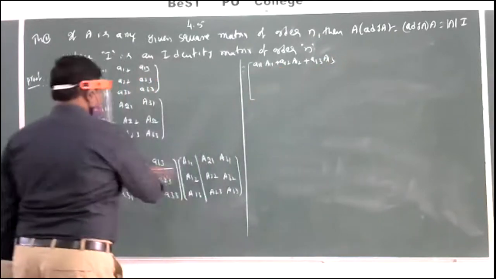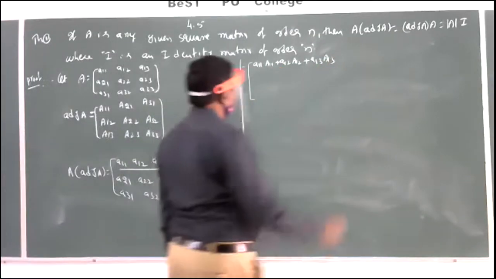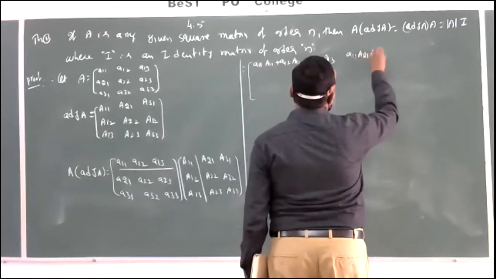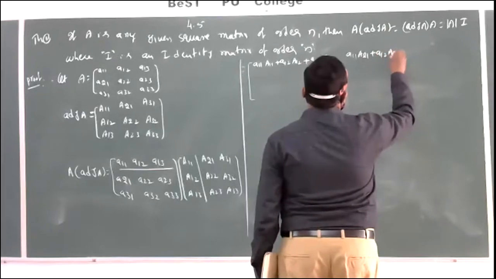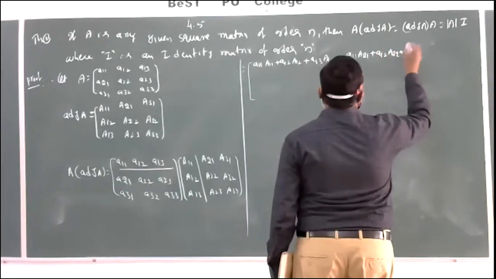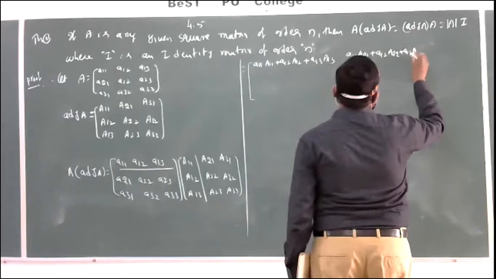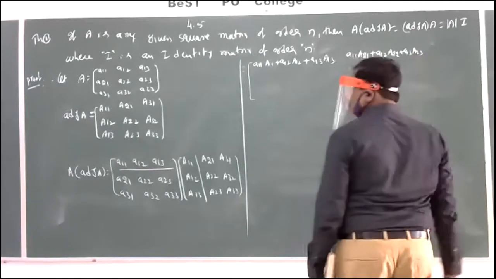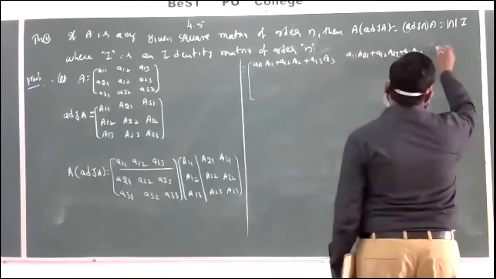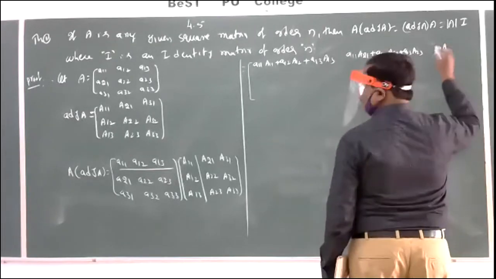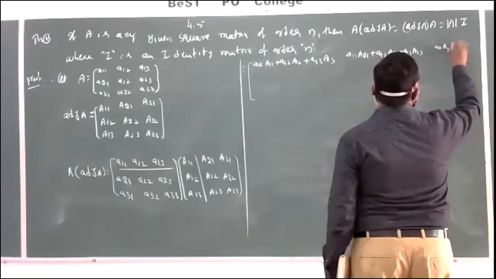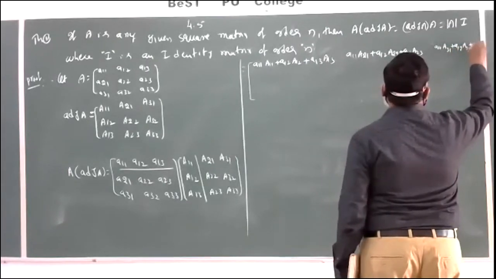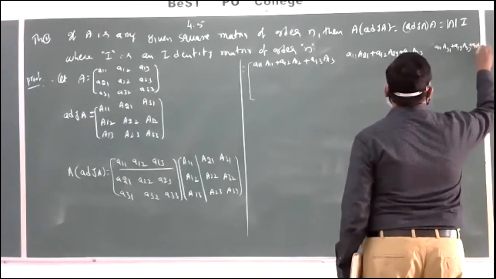Next, first row, second column: A11 capital A21, A12 capital A22, A13 capital A23. Next, first row, third column: A11 capital A31, A12 capital A32, A13 capital A33.